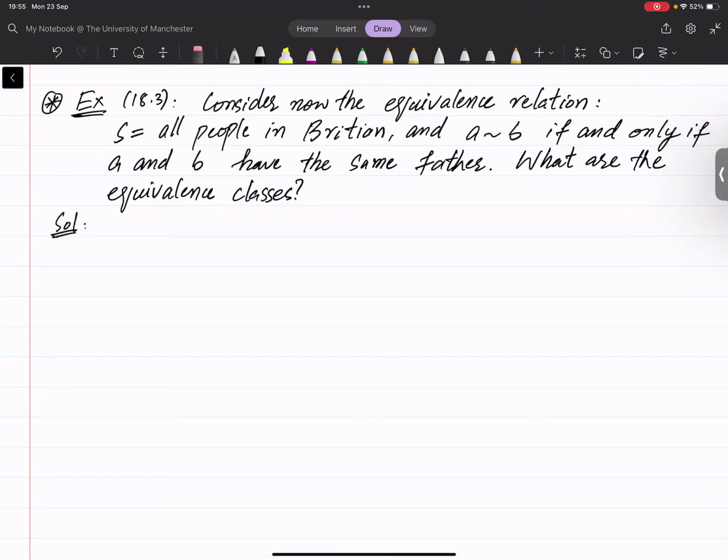What we can say is, let's take A as an element inside S, so let's take a British person.